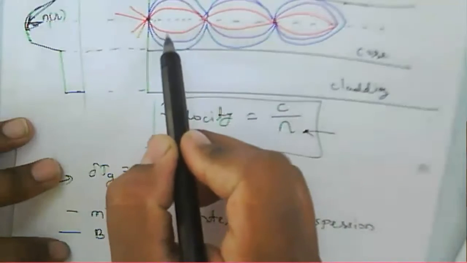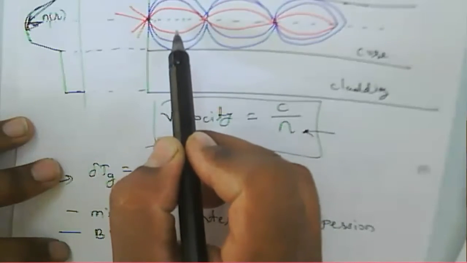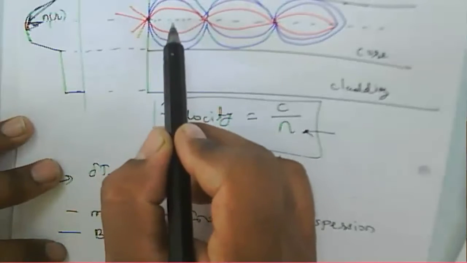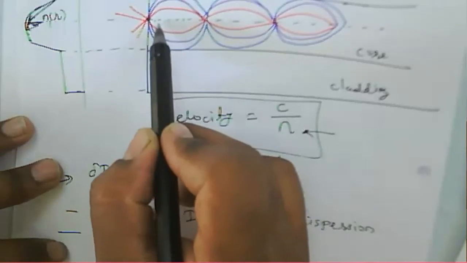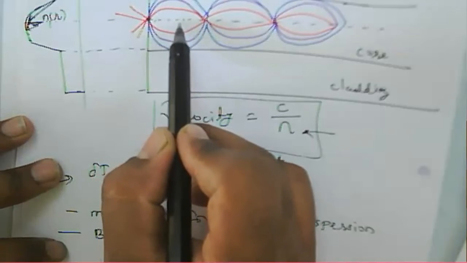Because at the core, the rays propagating near the axis of this core, they are propagating slowly here.